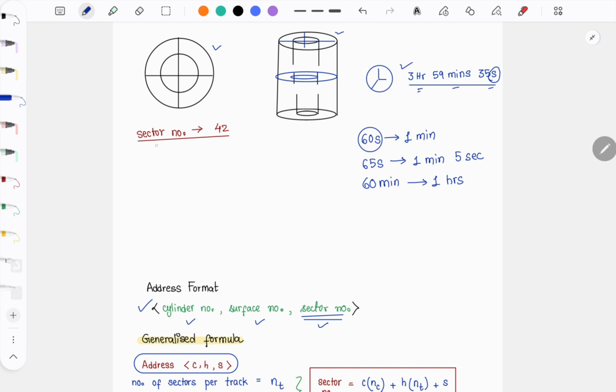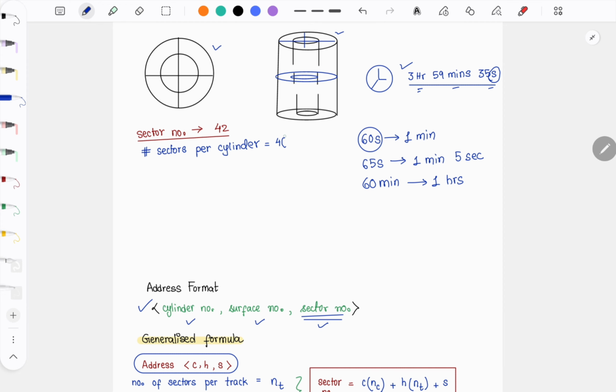So what we will do is find out the number of sectors in one cylinder. Now what is a cylinder? If I consider this one track, which is the outer one, and trace it down to the last platter, this is one cylinder. Another cylinder is on the inner side, this one. On one surface we have four sectors.